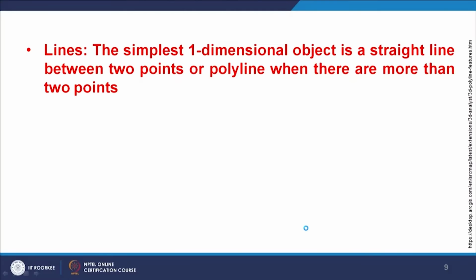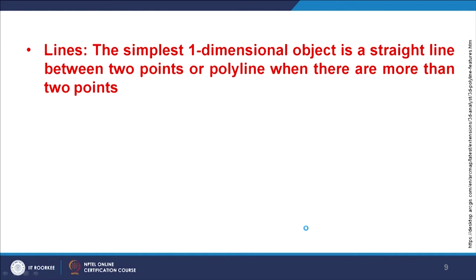Now the second entity among vector entities is the line or polyline. Instead of zero dimension, now we are moving a little higher in the dimensions, and this is called a one dimensional object or entity. If it is a straight line, then it is nothing but a begin point x1 y1 and an end point x2 y2, or begin node and end node.